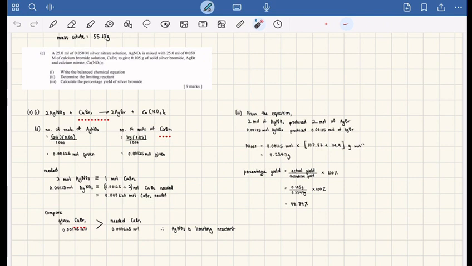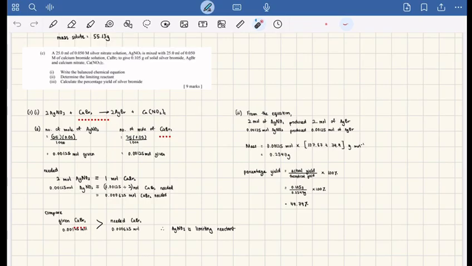We take what is given, which is molarity and volume, and we multiply them to get the number of moles, and of course divide by 1000 because they gave us the volume in milliliters. So you'll get 0.00125 mole given for AgNO3 and the same for CaBr2.